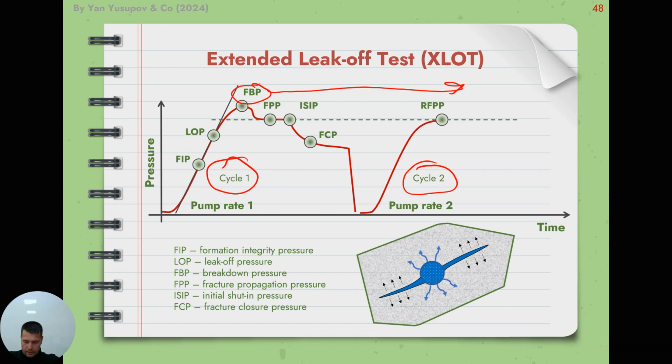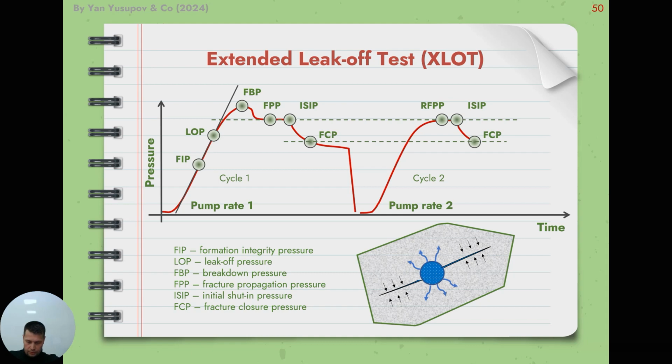We observed only the repeat fracture propagation pressure, instantaneous shut-in pressure, and fracture closure pressure. As you note, the fracture closure pressure in cycle number 1 and cycle number 2 is equal, equal by definition to S3.